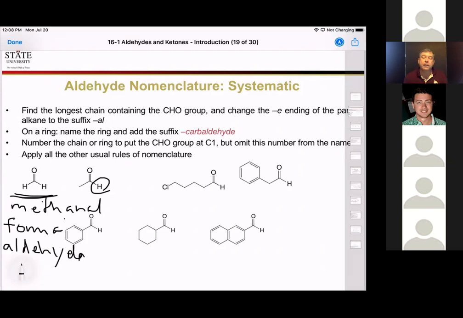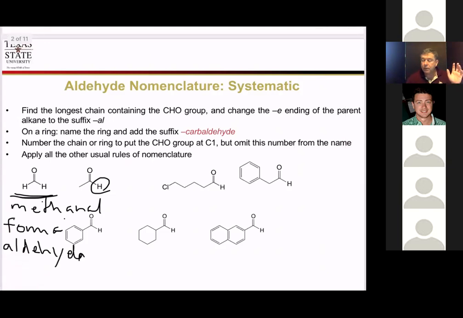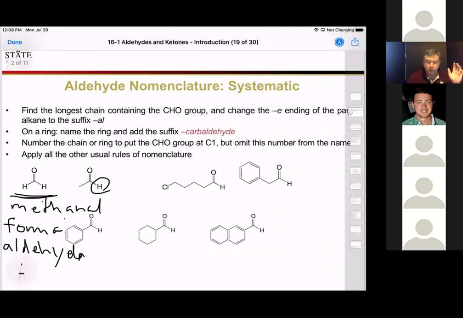And we'll talk about that in a little bit, on the next couple of slides. Okay, but let's go back to the systematic nomenclature rules right here. In this case, we have a total of 2 carbons in the chain, which would give us an ethane chain, and we'll drop the E at the end and it would be ethanal.